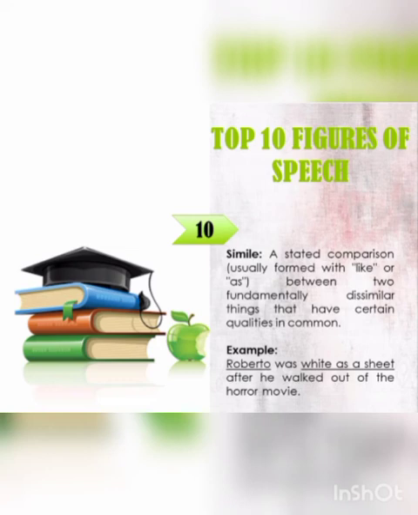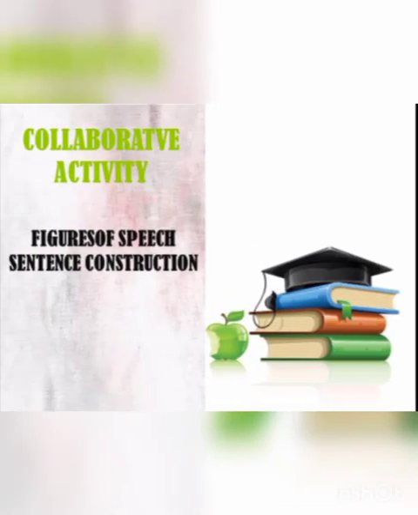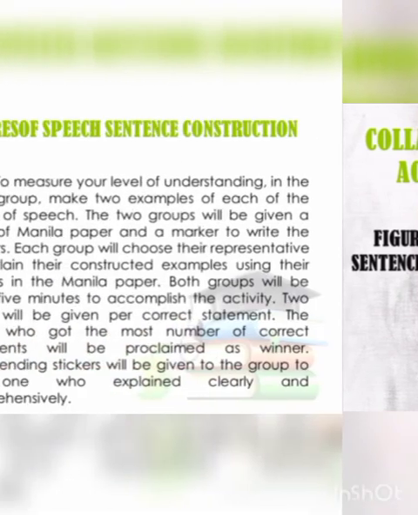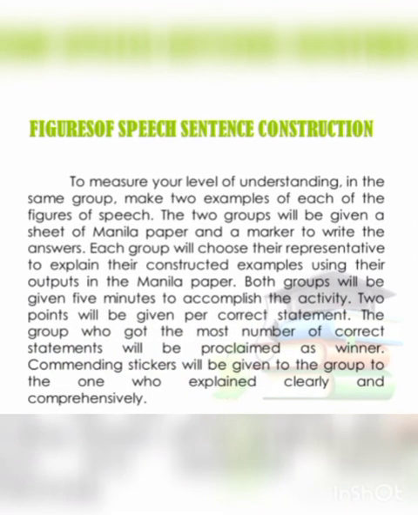Now that everything has been discussed, you are now equipped to answer the following activities. Are you ready? For the collaborative activity, the title of our activity for today would be Figures of Speech Sentence Construction. To measure your level of understanding in the same group, make 2 examples of each of the figures of speech.